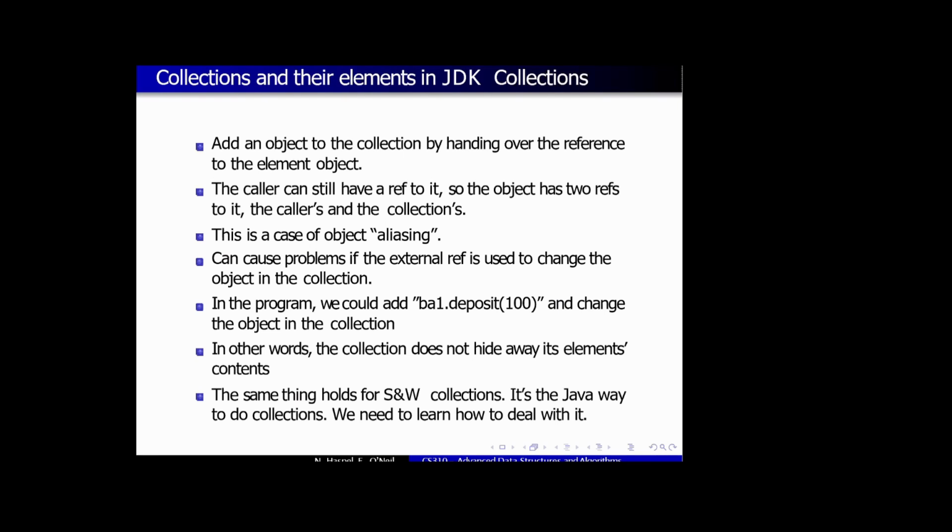So you can see that these collections don't hide away the elements themselves. And this is true in anybody's Java collections. It's just the Java way to do collections. So we just have to be aware of it and know when it might be getting dangerous. Any questions on that?